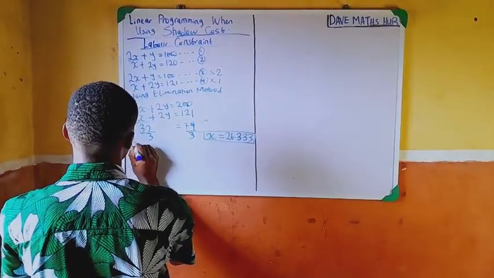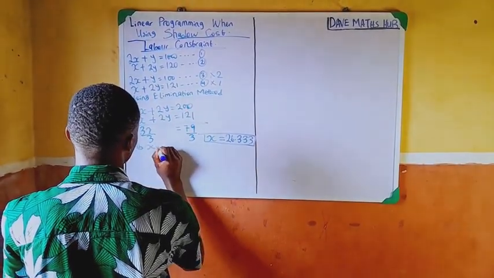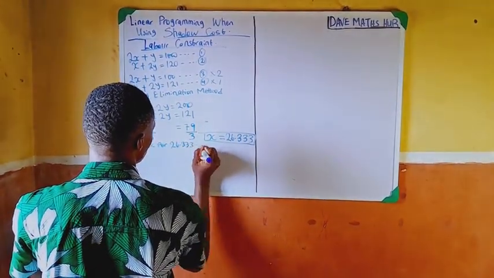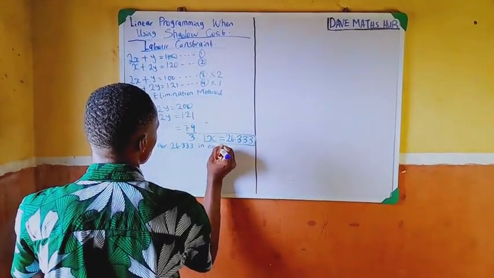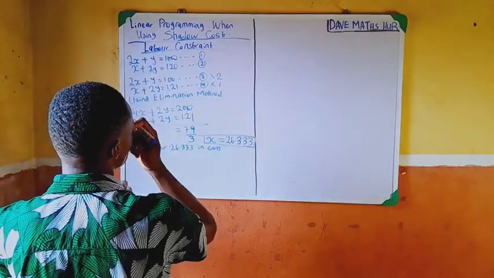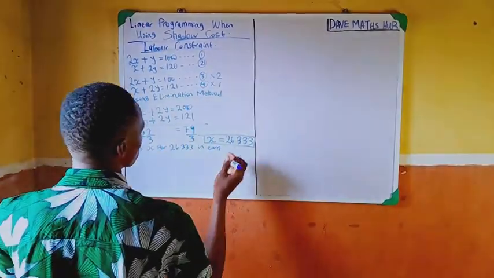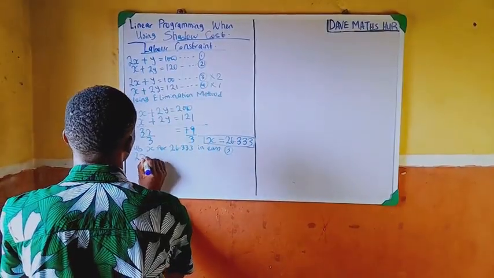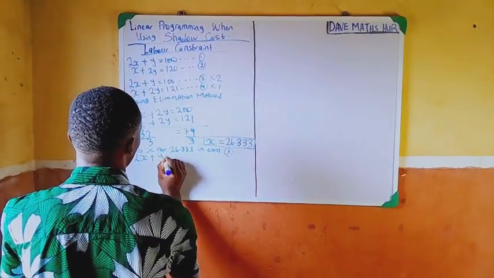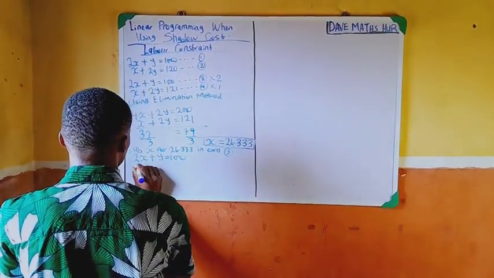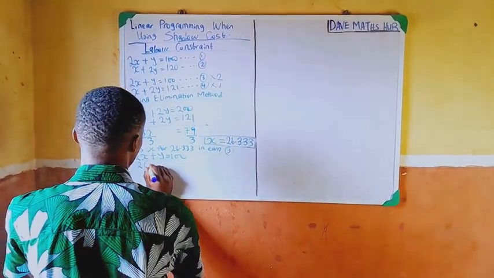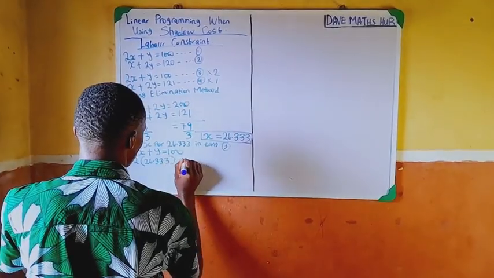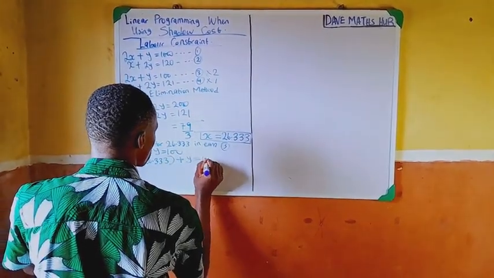Now we substitute x for 26.333 in the new equation. So let's go with equation 3. So this is 2x plus y equals 100, 2 open bracket 26.333, plus y equals 100.